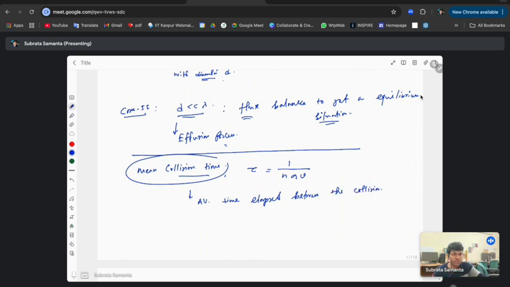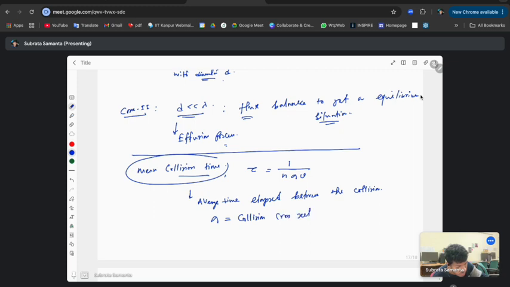So what is the average time between the collisions? And sigma is the collision cross section of the molecules.